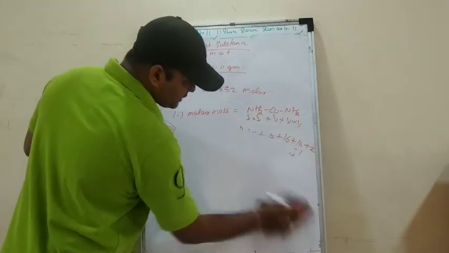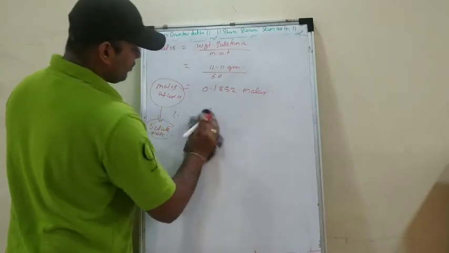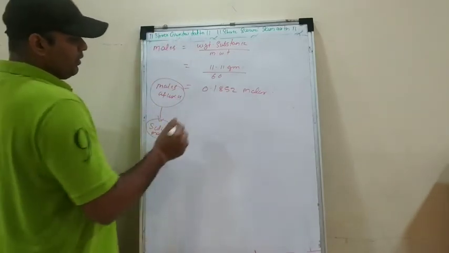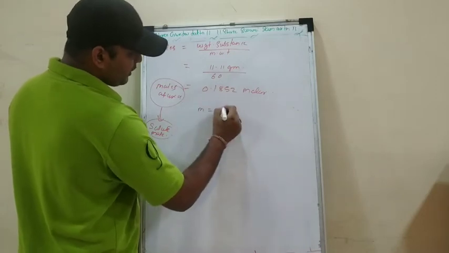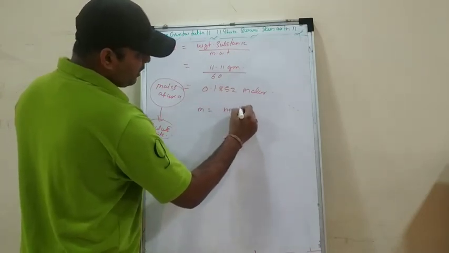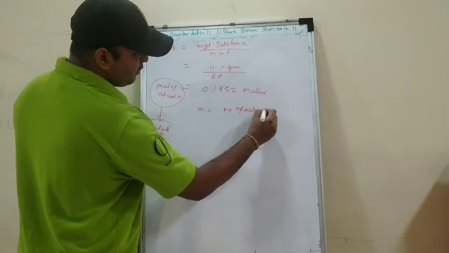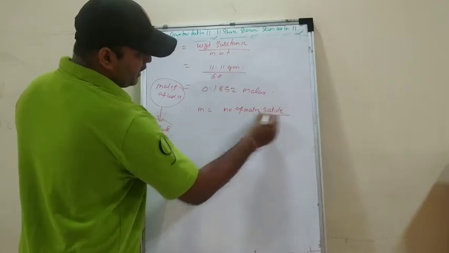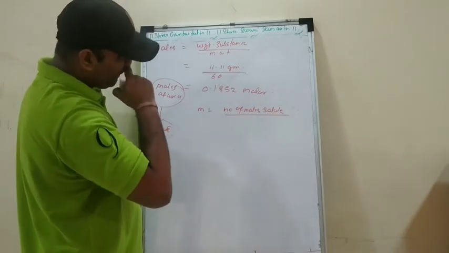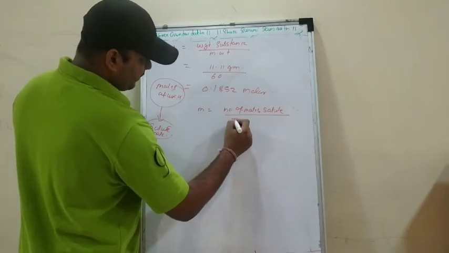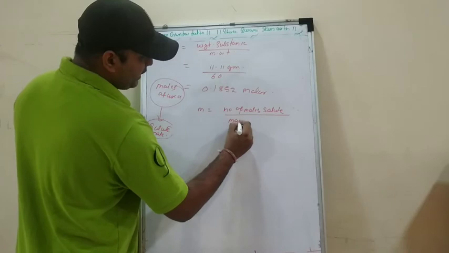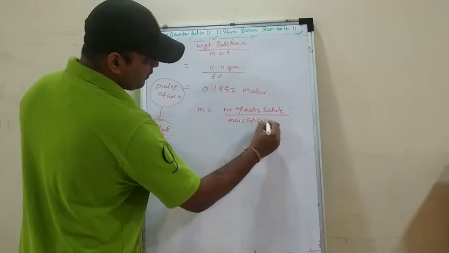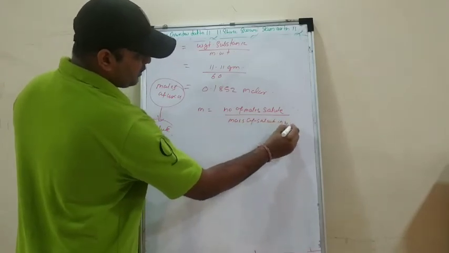Okay. Now let's put the formula and let's calculate. Now here in this case, what will be the formula? Formula will be number of moles of solute divided by mass of a solvent in kg, right?